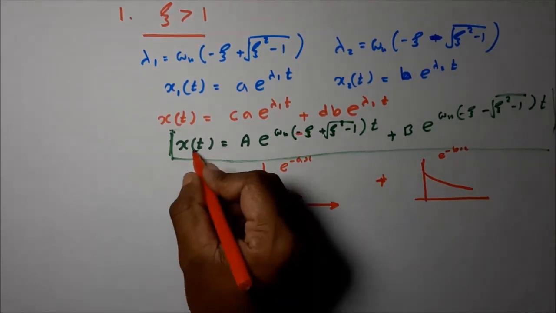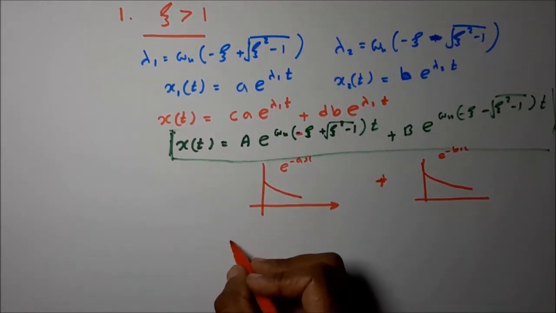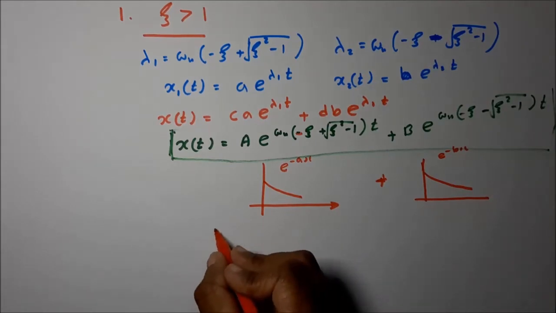Then finally, for the x(t) we are having this kind of shape.